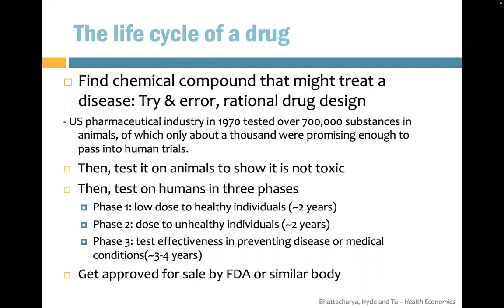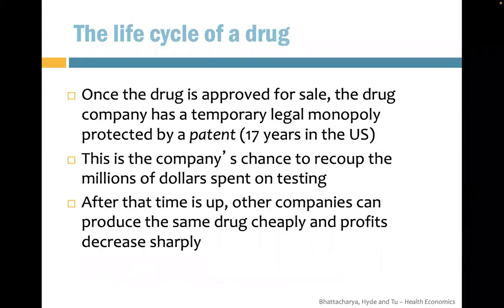This takes about 2 years for phase 1 and phase 2, and then 3 to 4 years in phase 3. Once you finish phase 3, you get the data and do the statistical analysis. If it is statistically significant and promising enough, then you can apply to the FDA and get approved for sale by the FDA or a similar body.